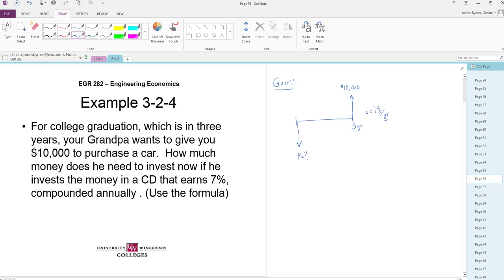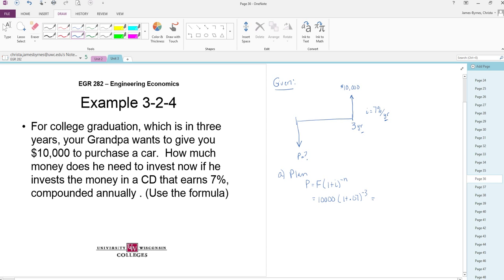Notice, really important, everything has units. So we'll use our formula, method A. The plan in method A is to use our formula: P is equal to F times (1 plus i) to the negative n. 10,000 times (1 plus 0.07) raised to the negative 3.